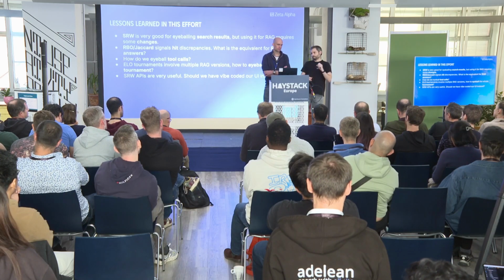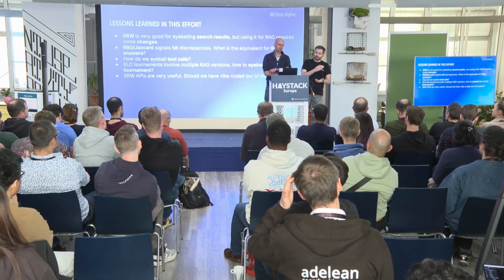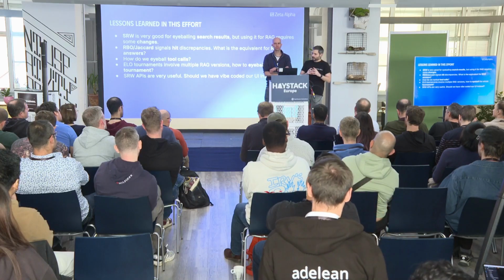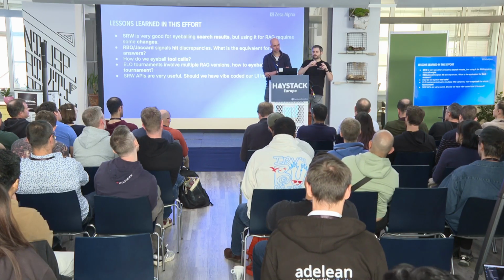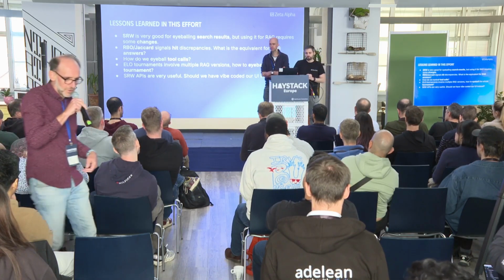But definitely, the ability of onboarding new players is also a reason why we believe ELO is a good approach, because you can cheaply add new versions without having to play every single opponent against each other.